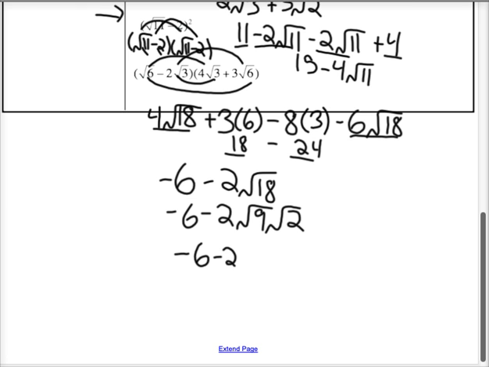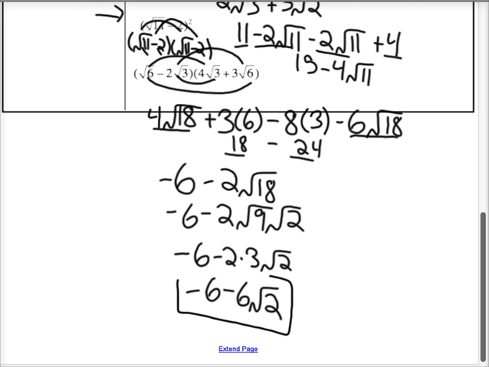So we're going to get a 3 from the square root of 9. So our final answer is actually going to be negative 6 minus 6 square roots of 2. Don't forget to always, always, always simplify your radical expressions. It is an absolute must that you are simplifying those.